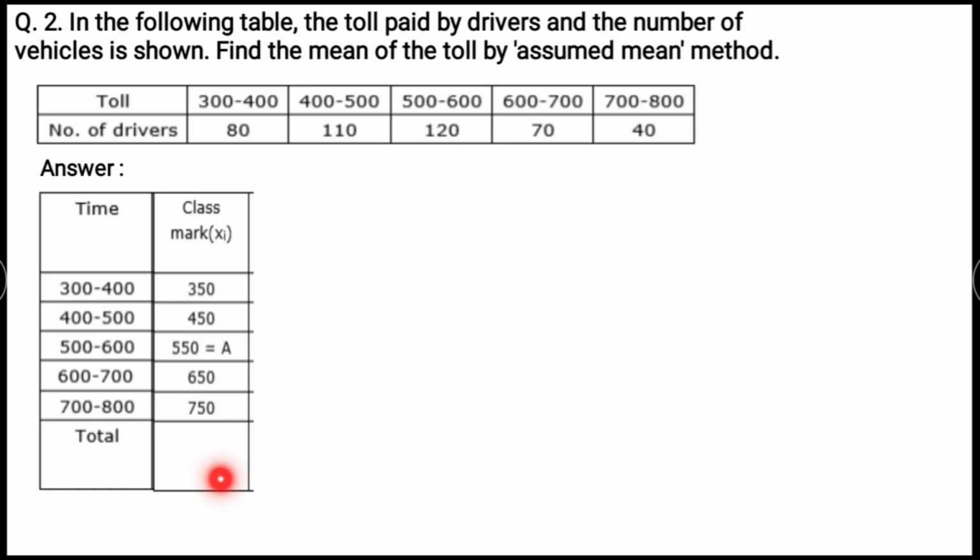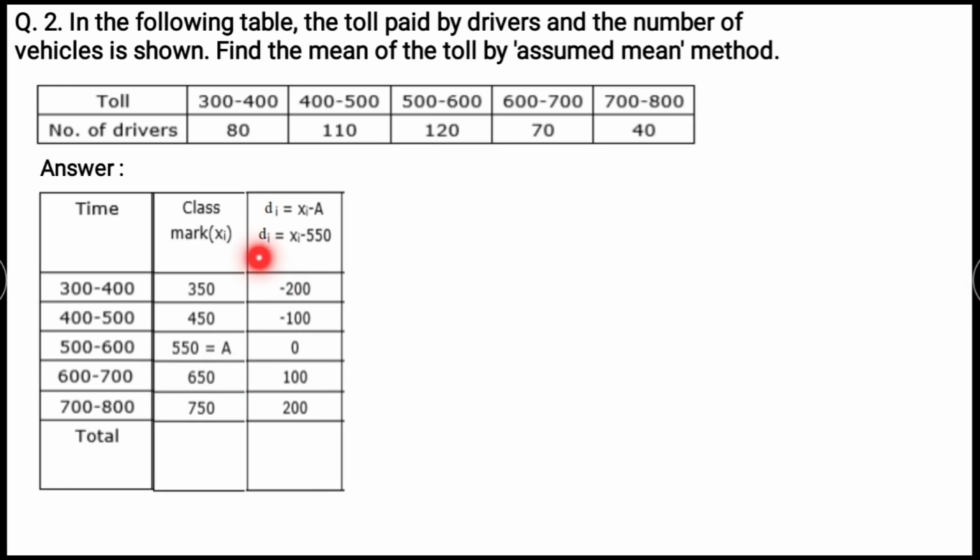Now we write the value of di. With the help of an assumed value, here we assume the value 550. So we write in the next column di equals xi minus a, that is di equals xi minus 550. We use xi as 350 and a as 550.